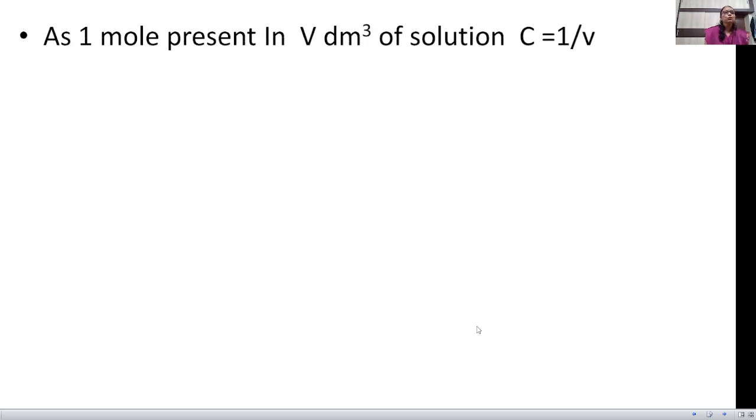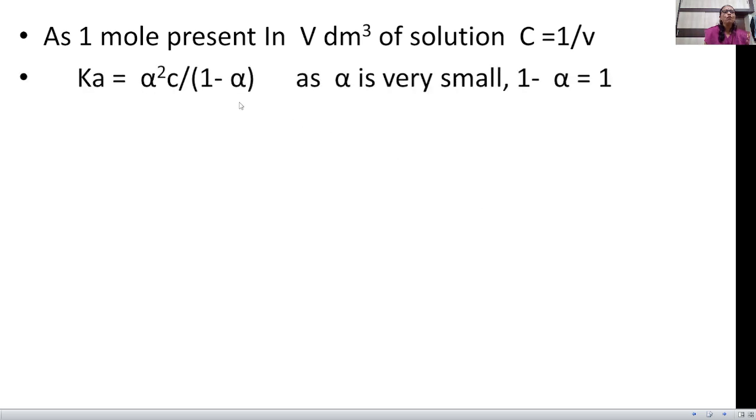Then, C equal to 1 upon phi, as 1 mole is present in phi dm cube of solution. So how many moles? 1 mole. And what is the amount of solution? Phi dm cube. And concentration is measured in moles per liter.